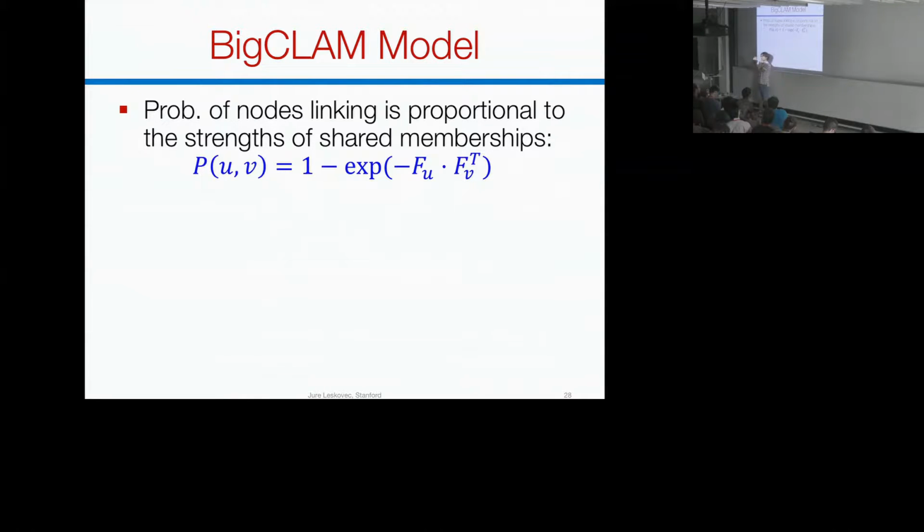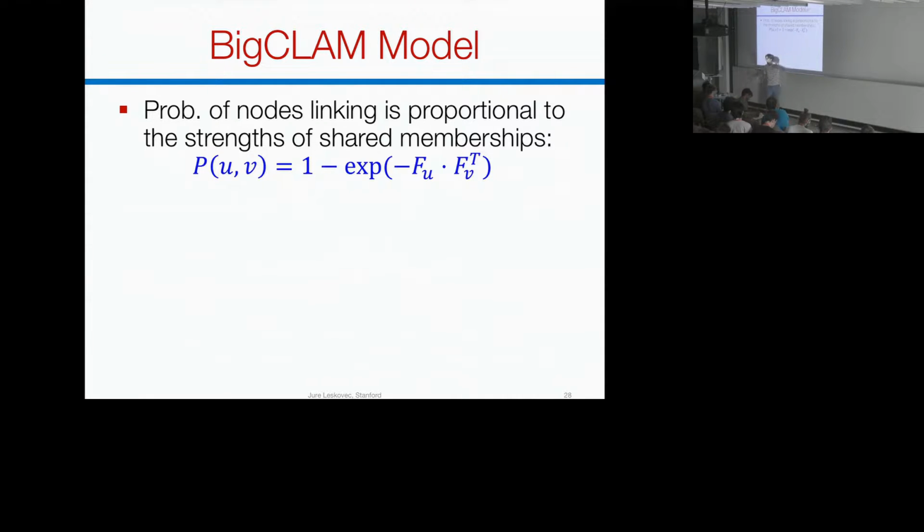Let's multiply them together to see what groups we have in common. Whatever your strength and my strength are for a group, let's multiply them, and that's the contribution of that group. Then let's add that up over all the groups we have in common. That's the way to think about this expression.